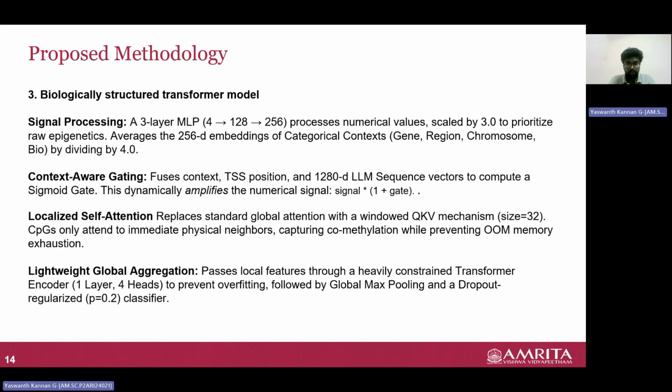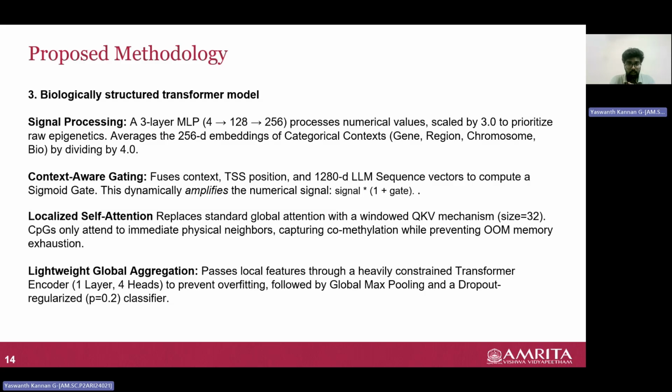We begin by processing the methylation signals, which include the beta value and the beta state, and the neighborhood statistics such as mean and variance. They are passed through a multi-layer perceptron, where the lower dimension input is projected into a higher dimension space, allowing the model to capture non-linear epigenetic patterns effectively.